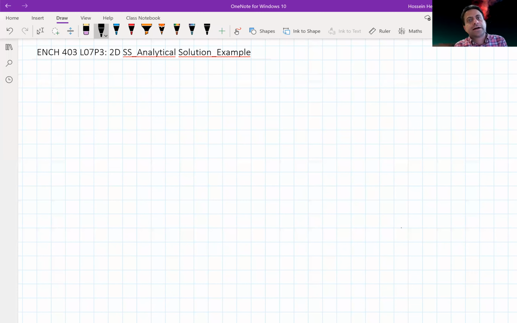Let's look at one example for the method of separation of variables to solve Laplace equation in a 2D domain. So, examples that I have here.